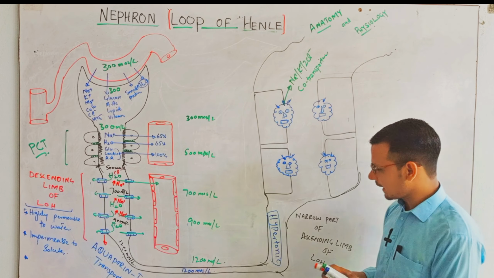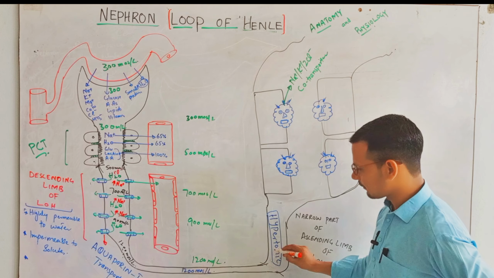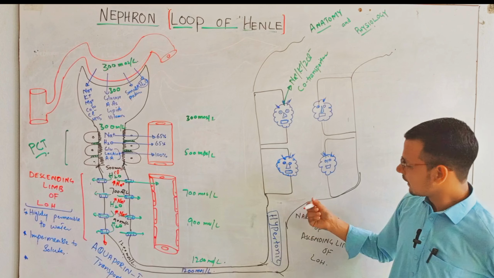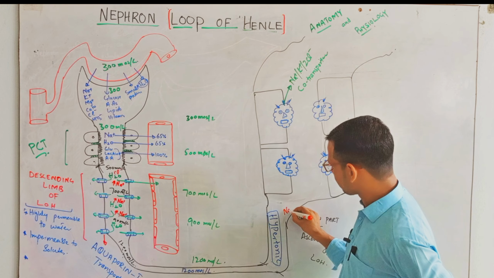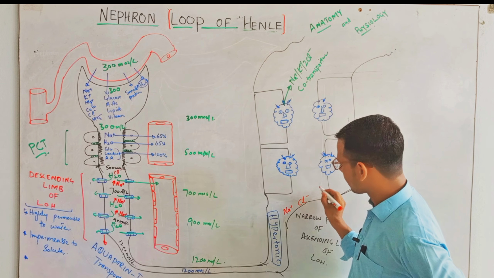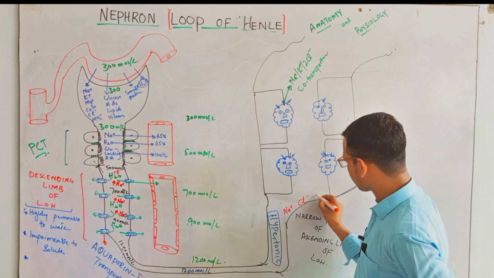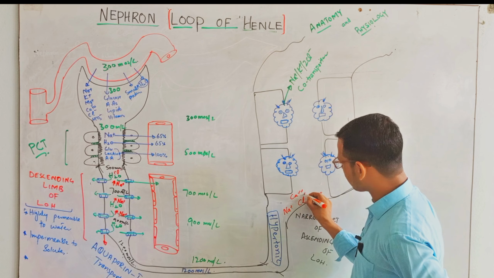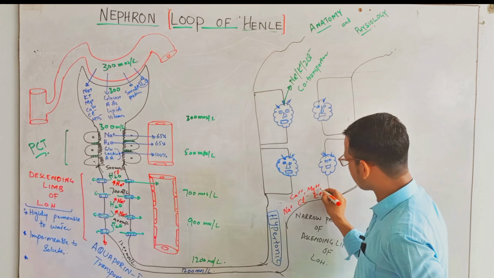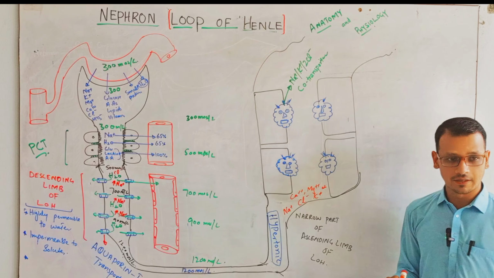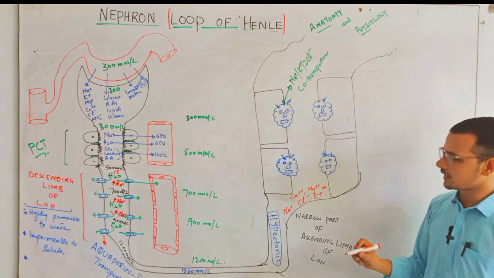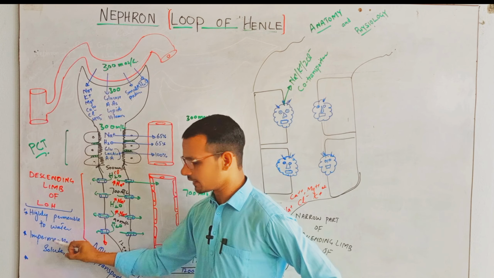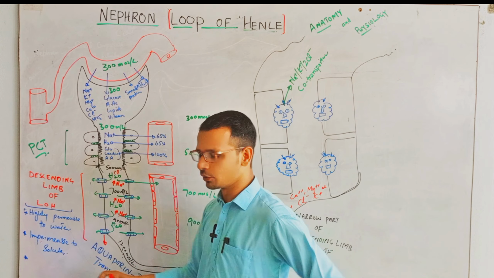What is the role of this? We have a very hyperosmotic solution here coming from the descending loop of Henle, and here we have sodium, chloride, potassium, also calcium, magnesium, etc. But the very special characteristic, like this is the descending limb which is highly permeable to water and it is impermeable to solute.